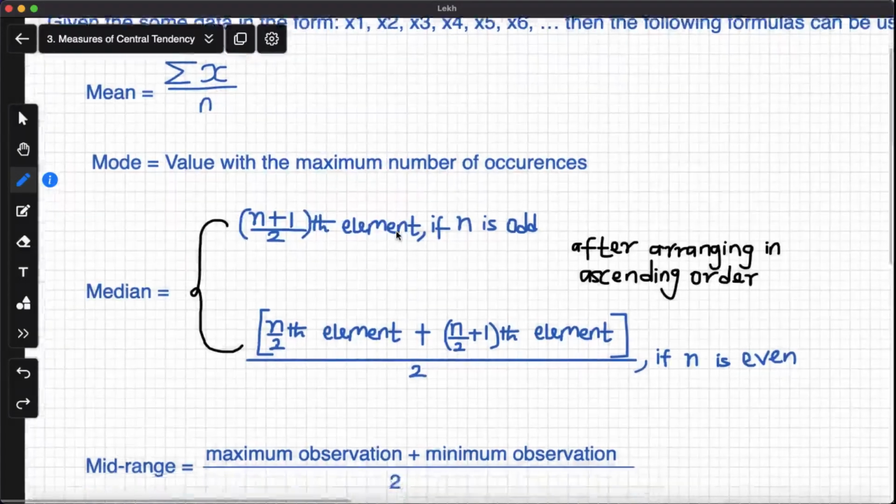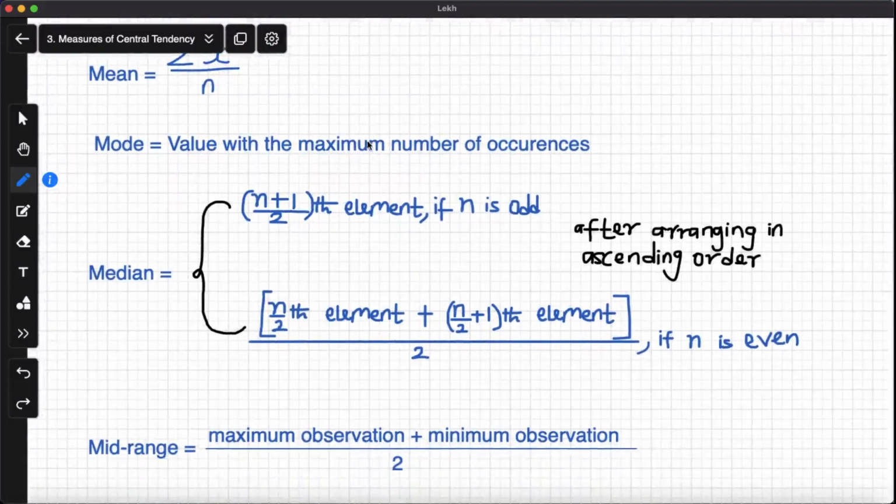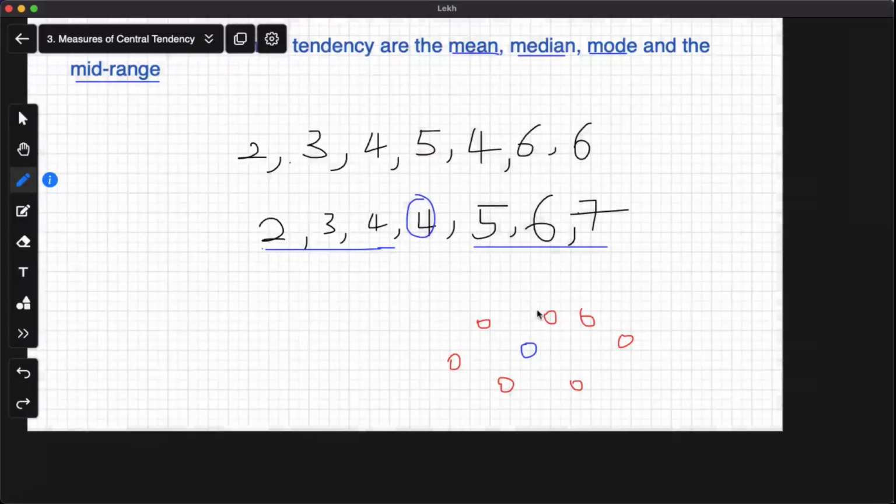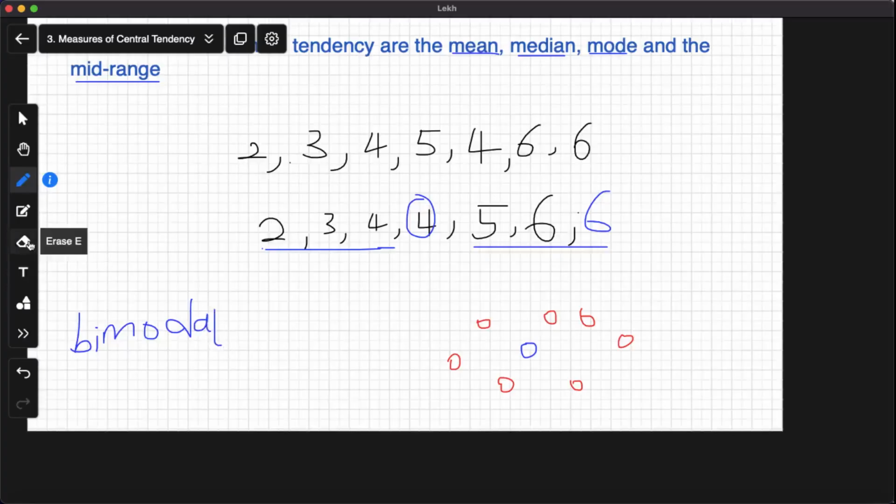Now the mode is the observation with the maximum number of occurrences. Sorry, I wrote 6 here, so I was supposed to have had 6 here. If we had 6 here, then we would have 2 modes, because 2 numbers appear most often, and that's what we call bimodal. This kind of distribution that has 2 modes may not be so good for us when we're trying to study certain things, so we don't want that.